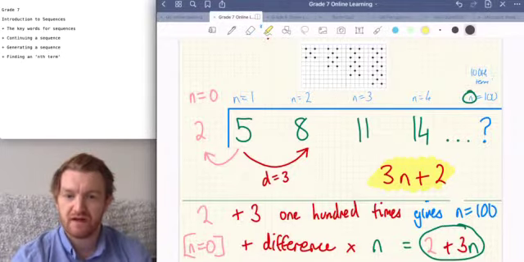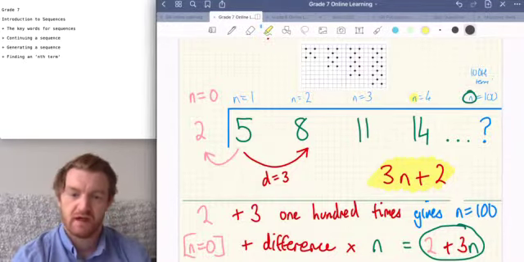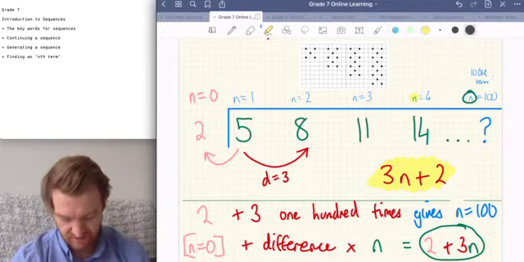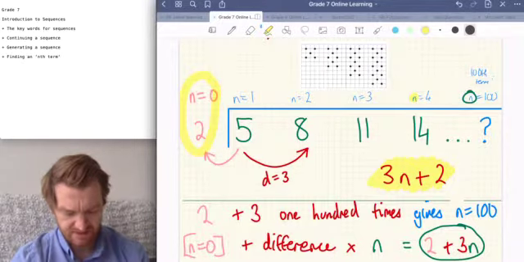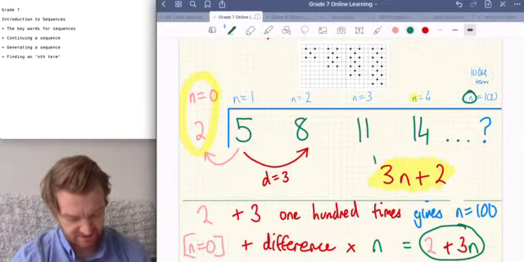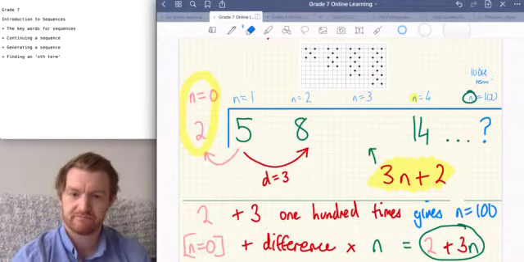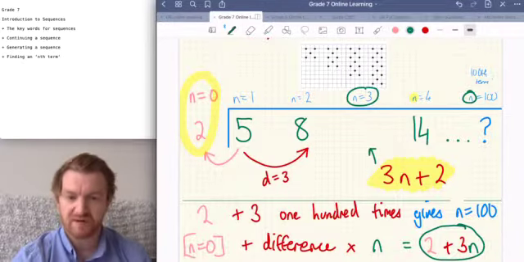If I want to find any number in the sequence, I take whatever n is, where it comes, the position. I multiply it by 3 because I'm adding on 3 that many times. But then I have to add on this starting amount. Let's just check that works. Let's imagine I didn't know this was 11. But we do know that we're trying to find the third number.